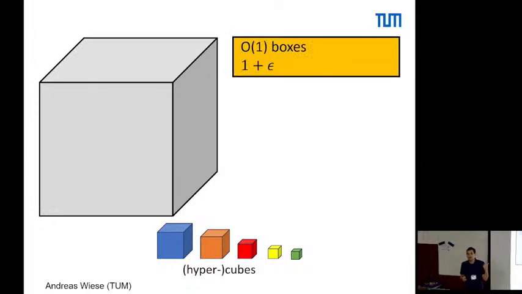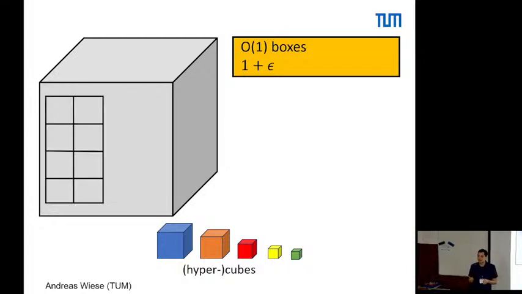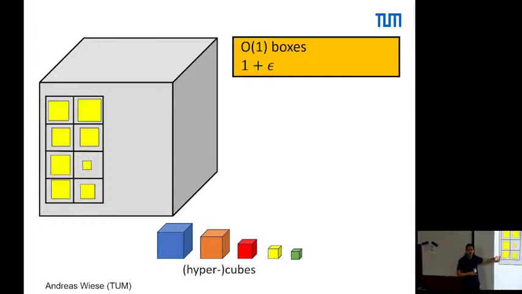It has been shown that there's a packing with a constant number of boxes that gives you a factor of 1 plus epsilon, where it's very structured, meaning that every box looks like this in a sense: there's a grid in it, such that every grid cell contains exactly 1 square.